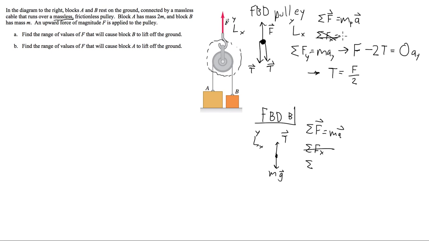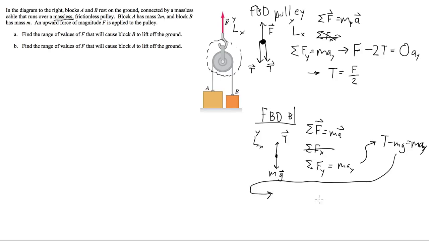You can skip one of the components of Newton's second law if there are no forces acting in that direction. So the sum of forces in the y direction, we've got the tension going up minus mg going down equals the mass times a_y.